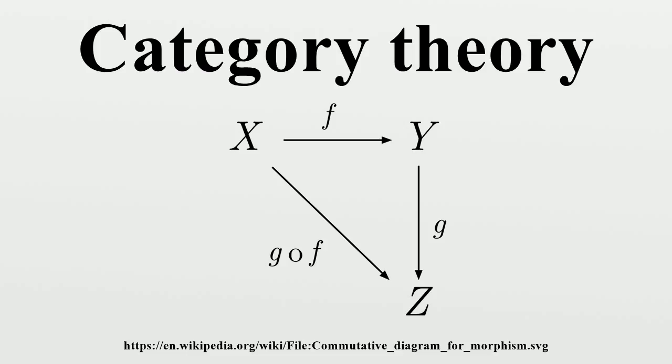Categories, objects, and morphisms. Categories. A category C consists of the following three mathematical entities: a class ob(C), whose elements are called objects; a class hom(C), whose elements are called morphisms or maps or arrows. Each morphism f has a source object A and target object B. The expression f: A → B would be verbally stated as "f is a morphism from A to B".